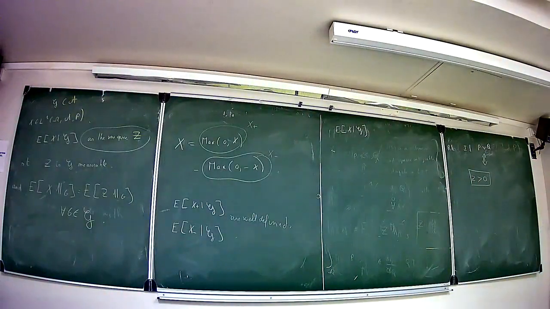Have a look at what you have here. You have x that is equal to x plus minus x minus. Okay? How can you define the conditional expectation of x given j if the conditional expectation of x plus given j and the conditional expectation of x minus given j are well defined? Yes, of course.